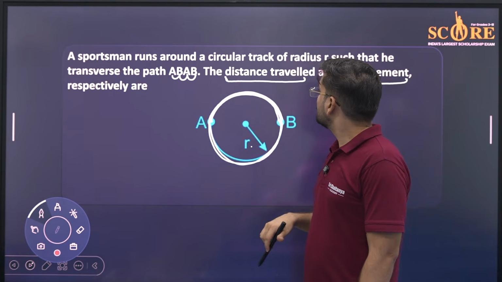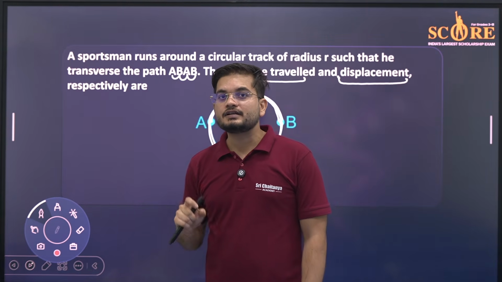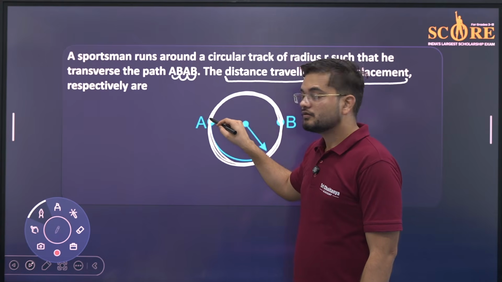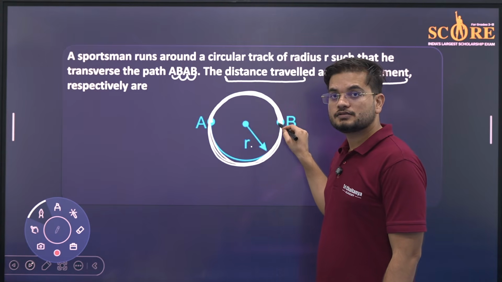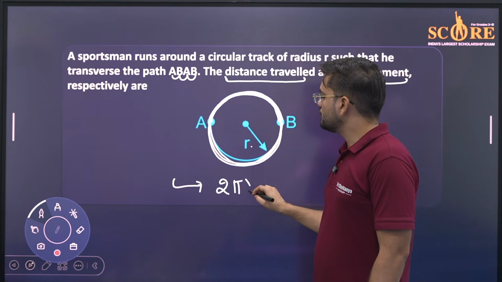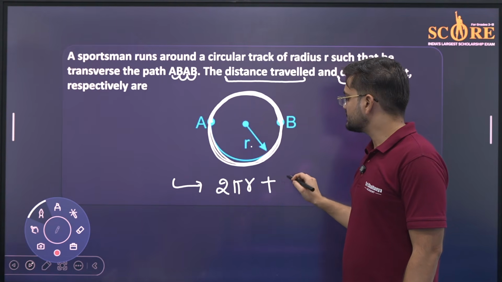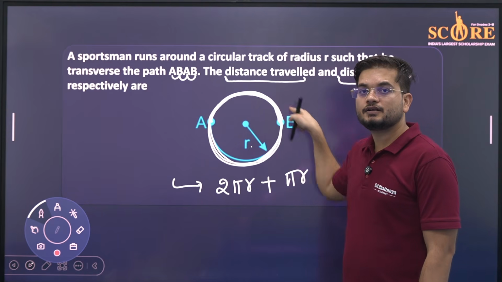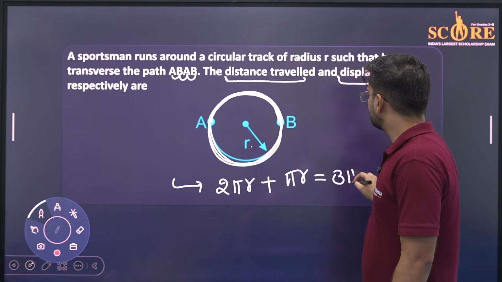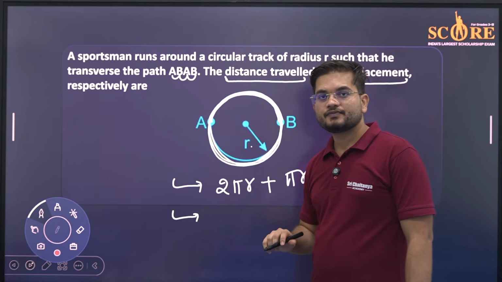Then what is the distance traveled? What we have discussed: distance traveled is the length of the path. It is 2 pi r, and what is pi r? Then the total distance traveled will be 2 pi r, the distance in one revolution, plus pi r, the distance traveled in another half revolution. So the total distance traveled will be 3 pi r. And what is displacement?